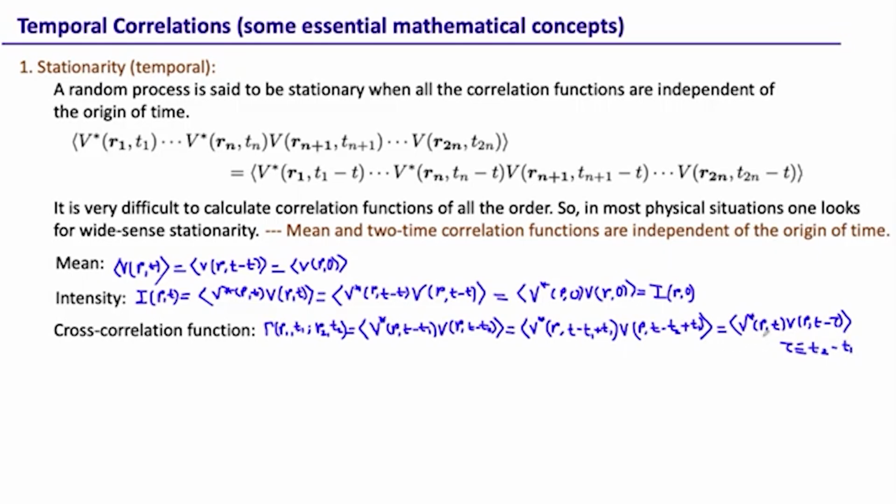Okay, and this we see doesn't depend on t1 and t2. It only depends on t and tau, and t is there in both. So this is essentially gamma (r1, t; r2, t minus tau).